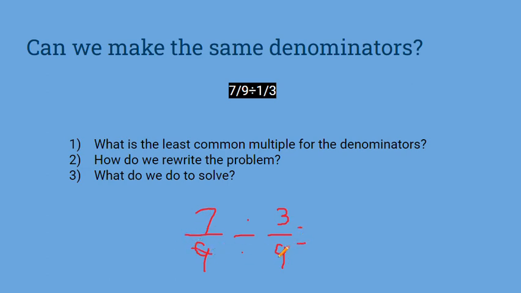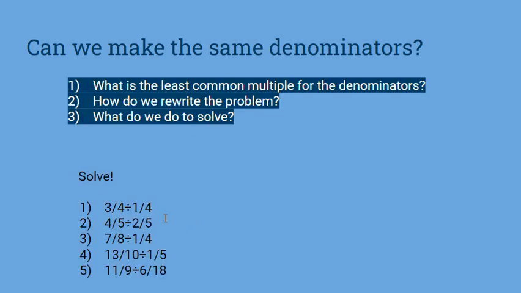So again, I don't even care about the ninths because they're not going to matter. So then I have just 7 divided by 3, right? Or 7/3. 3 can go into that 7 two times. That leaves me with 1 left. So it's either 7/3 or 2 1/3. Go ahead and try each of these.